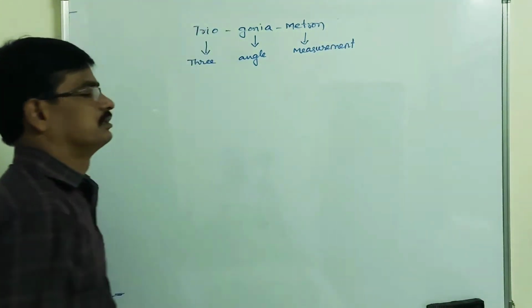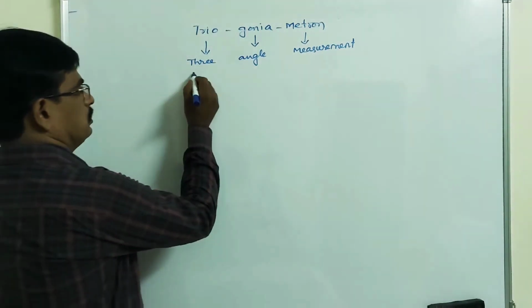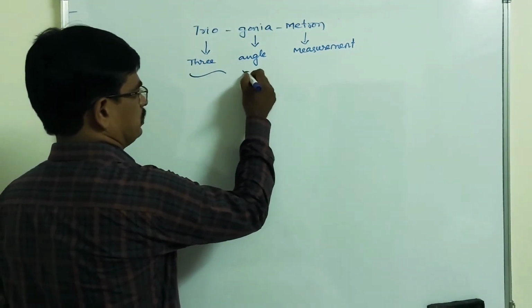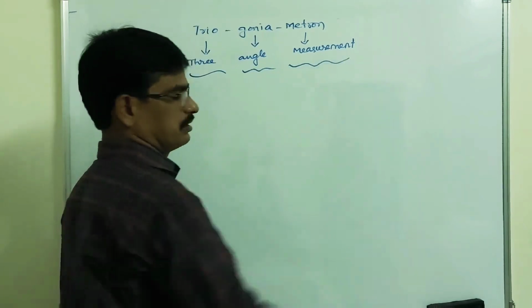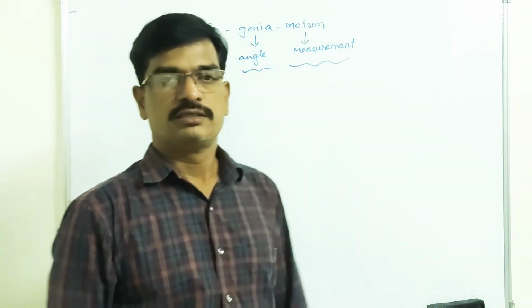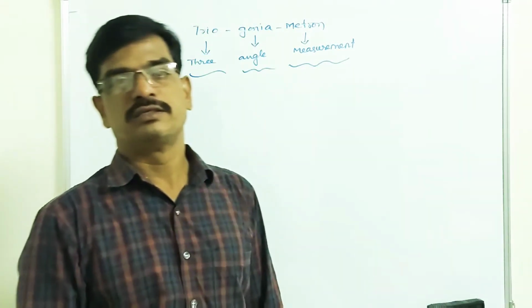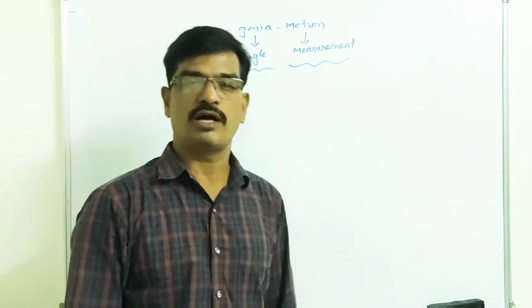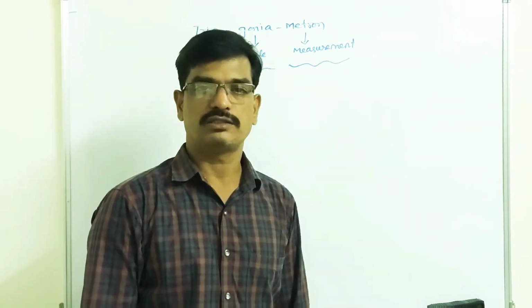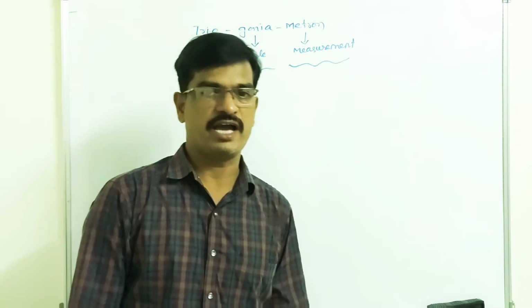In a triangle we know that there are three sides and three angles. That is, the number of components of a triangle is six: three sides and three angles.